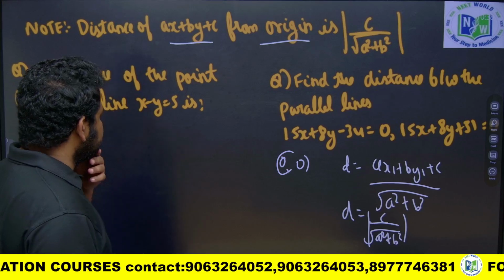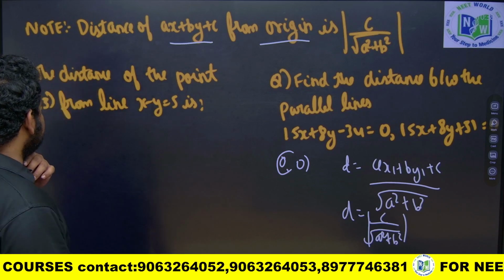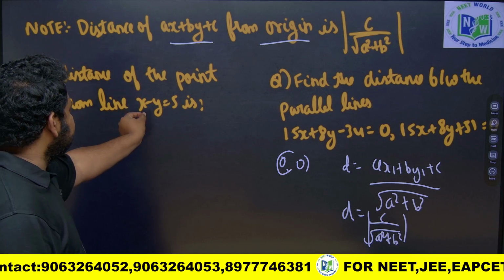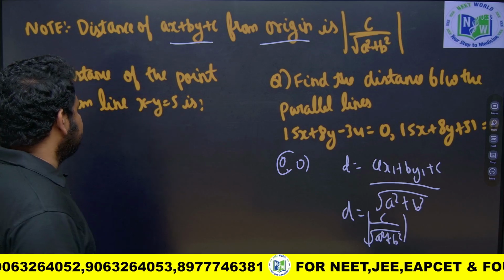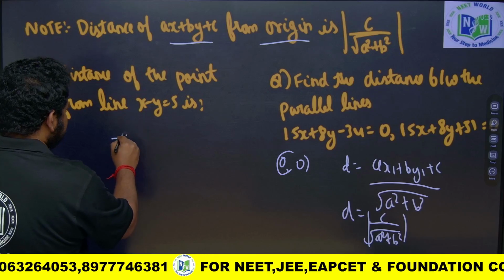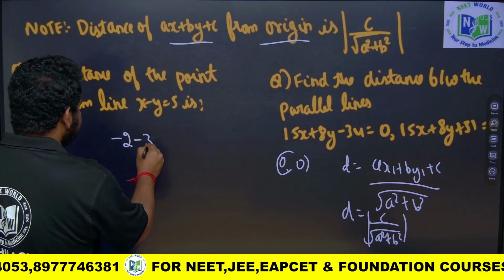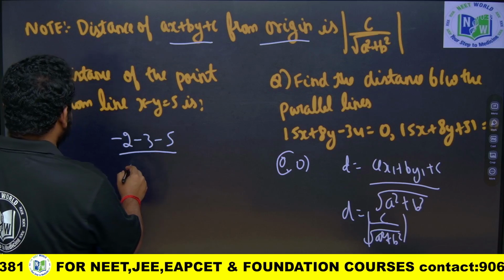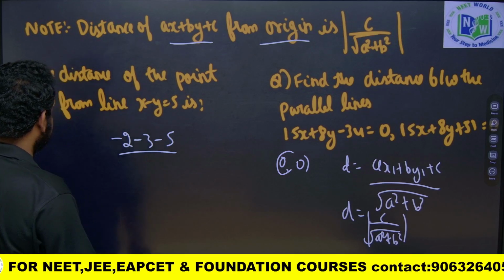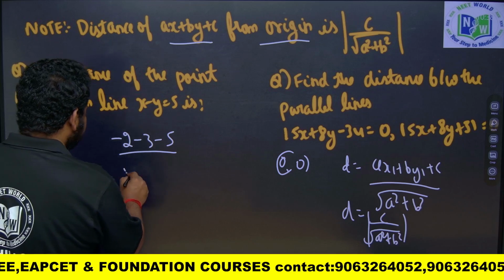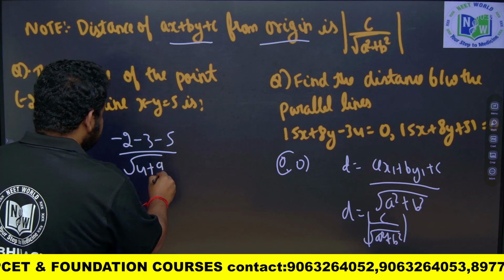So let us see some very simple questions, for your understanding. The distance of the point (-2, 3) from the line x - y = 5 is, they are asking the distance. So what is the distance? We have to put the values, minus 3, then minus y, divided by the square root of a square plus b square. The square root of a square plus b square is 2 square plus 3 square. 2 square is 4, 3 square is 9, within the modulus sign.